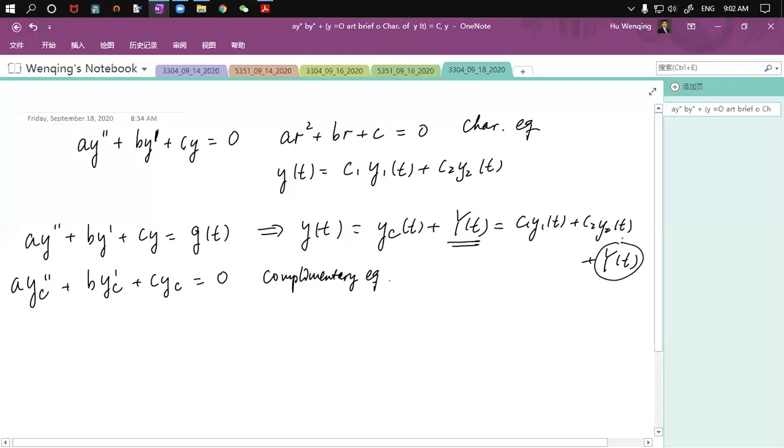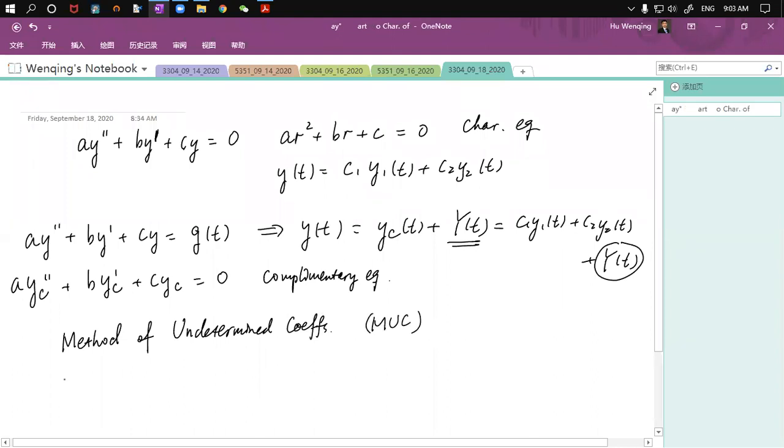To this end, we're going to talk about today's two methods. They are very important for the rest of the semester. These are key methods that we're going to learn throughout the semester. One very important method is the so-called method of undetermined coefficients, sometimes called MUC.